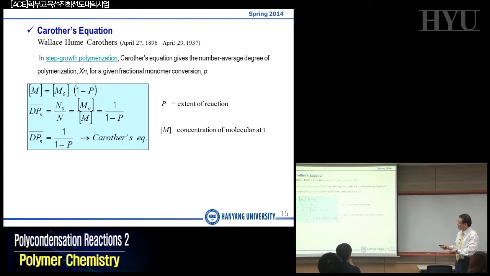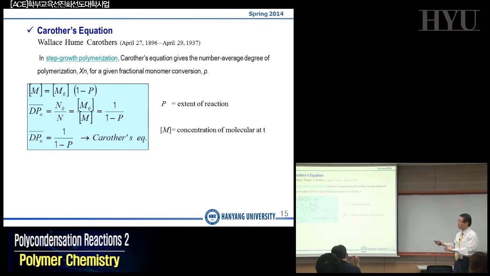Initial monomer concentration is M0, and monomer concentration at a given time t. So after your monomers are reacted, and at a given time t, of course, the monomer concentration decreases, and those concentration at a given time t inside of the reactor is defined as M, where M is expressed as initial number of molecules times the fraction that was reacted.